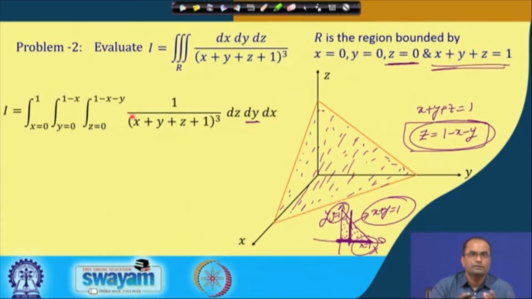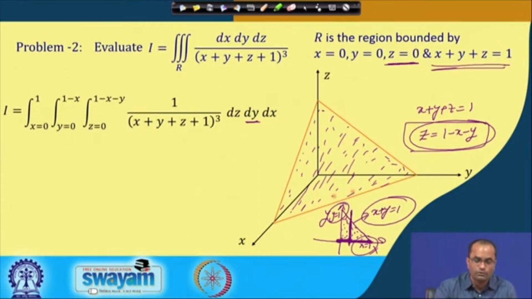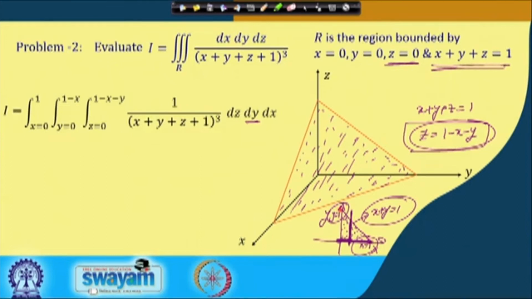Once we have fixed the limits for z, now we can project our domain of integration to the xy plane, because for z we have fixed already. While projecting this volume to the xy plane, we will get this triangle, cut here at x equal to 1 and at y equal to 1 along the x and y axes.